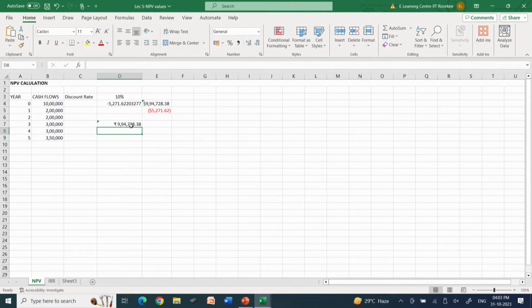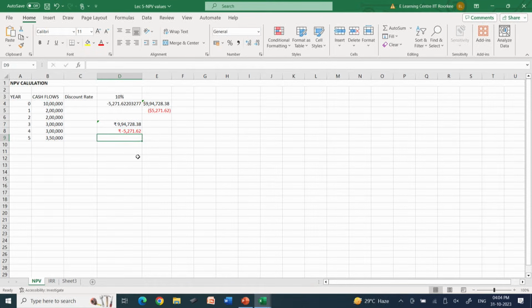So this is my present value. If I want the net present value, it equals this value minus the investment.